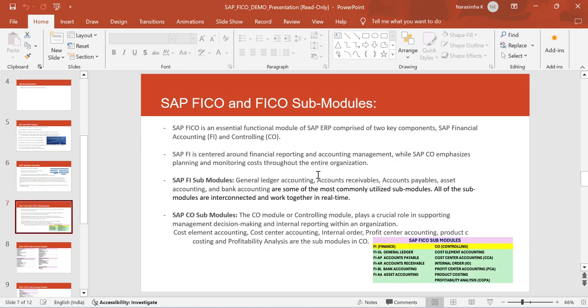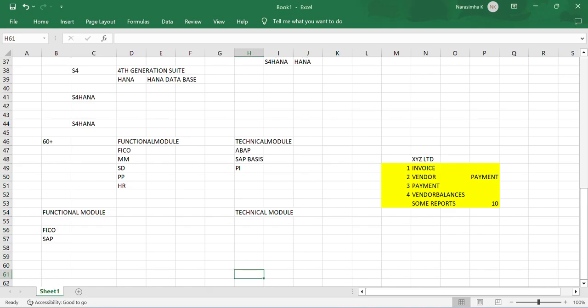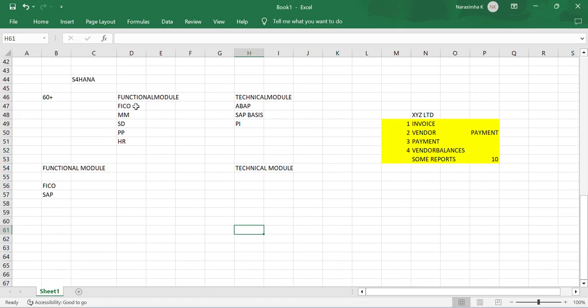Coming to SAP FICO and FICO submodules. As I said, SAP FICO is an essential functional module of SAP ERP, comprised of two key components: SAP Financial Accounting and Controlling. I mentioned so many modules, but our module is FICO.